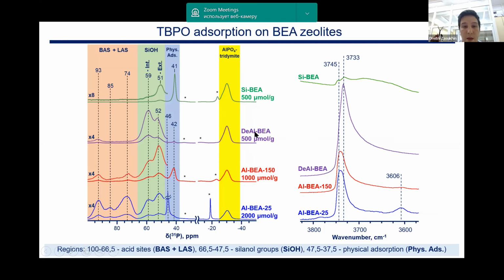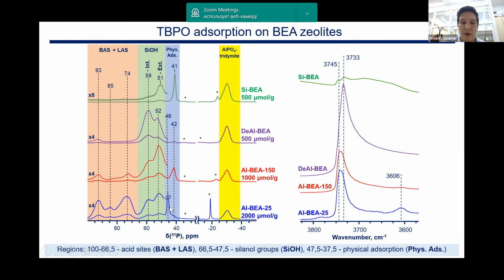The purple spectrum is related to dealuminated zeolite, and the green spectrum is pure silica zeolite. The intensity of the signal located in this red area decreases with a decrease in the amount of aluminum in the sample.